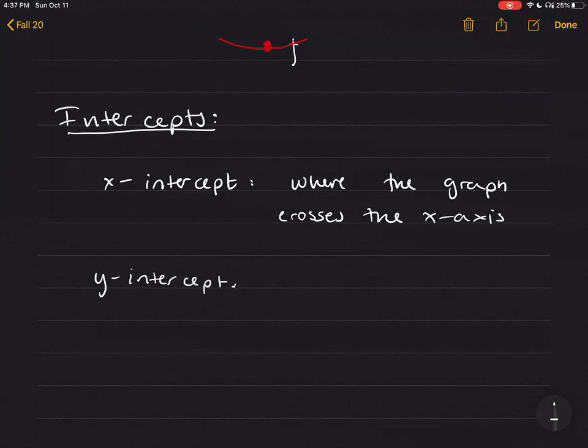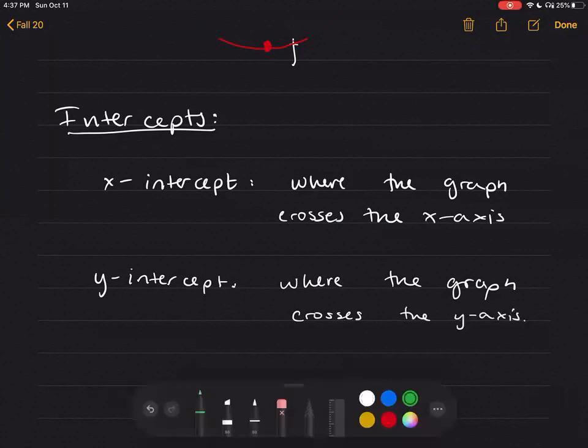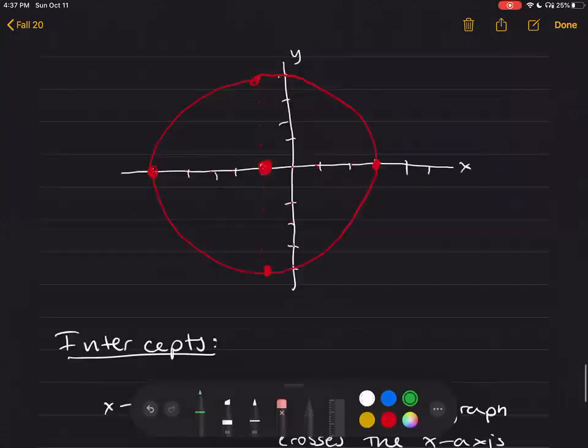So it's where the graph crosses the y-axis. So looking at pictures, there are 4 intercepts for this graph of the circle.